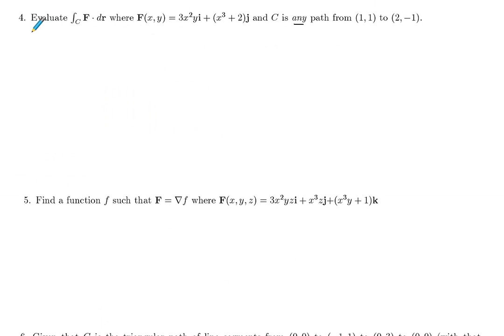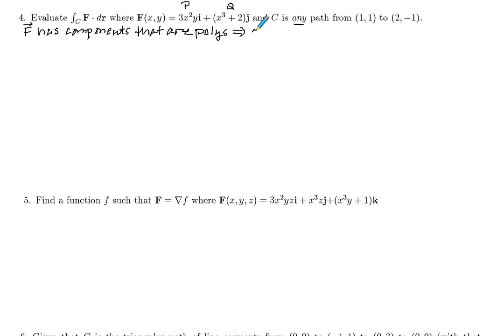Okay, so first off, our vector field here, F, which this is our P and this is our Q, these two components here are polynomials. Okay, and polynomials are differentiable and continuous.